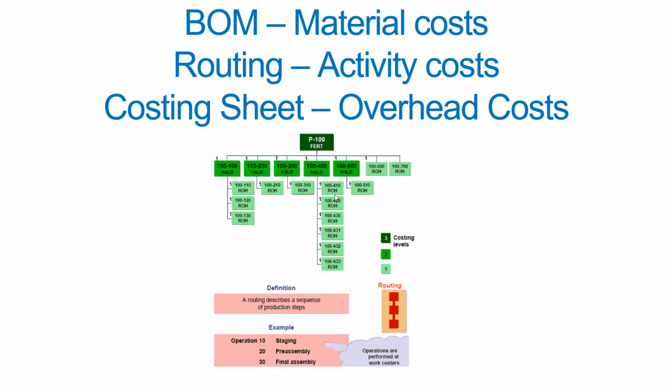And material type ROH is generally the raw materials, which you assemble together at work centers with activities to create sub-assemblies, and then eventually the manufactured good. Got a diagram of routing here. It's a series of work centers, operations performed at work centers, and here's an example down the bottom in color.